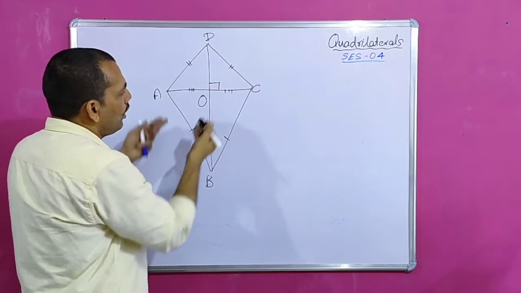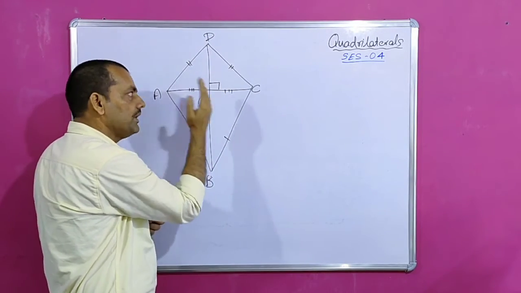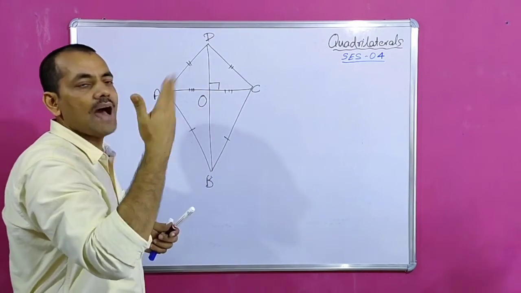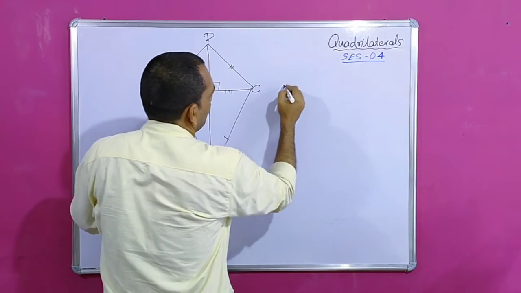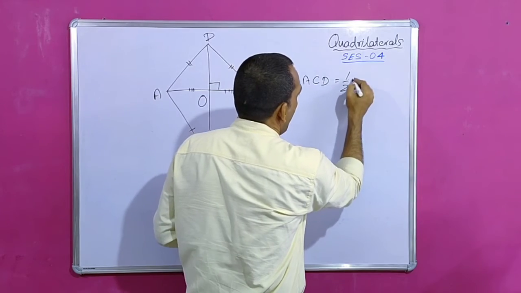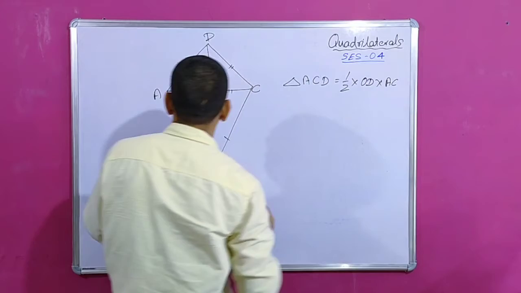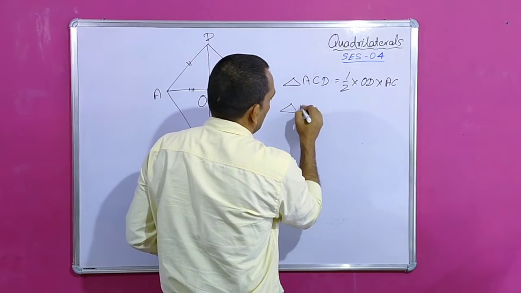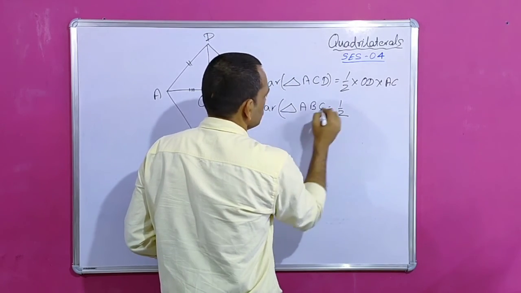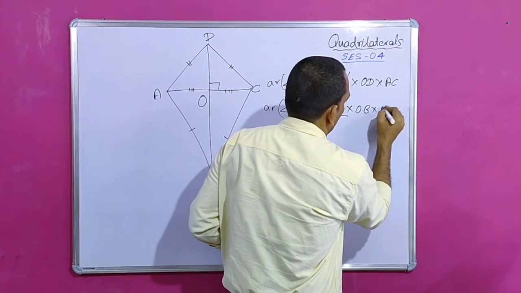In case of a kite also, what will be the area? Because these two diagonals are intersecting at 90 degrees, we can find the area of this triangle and this triangle and add them. Area of triangle ACD is half into OD into AC, and area of triangle ABC is half into OB into AC.